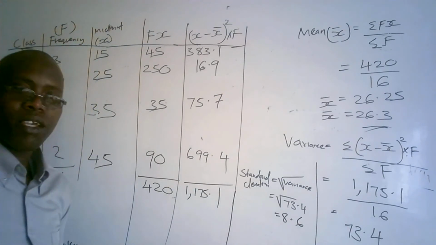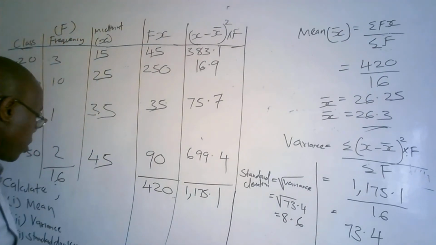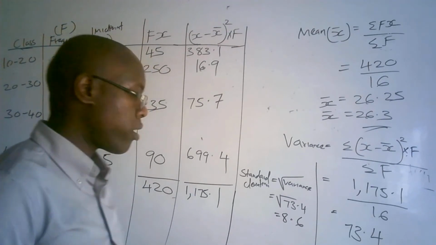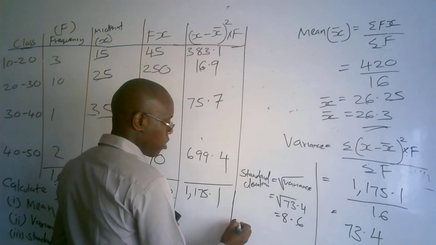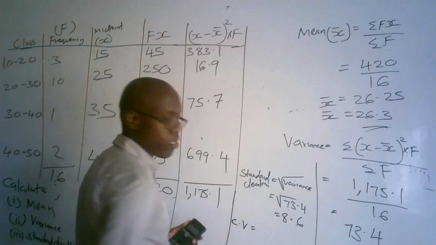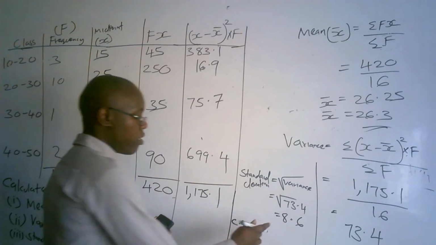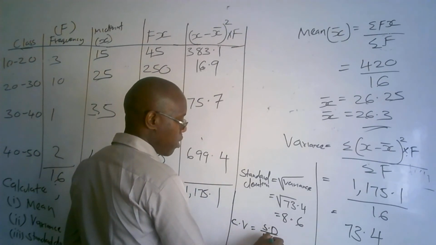So the next thing that we need to calculate is the coefficient of variation. We said that if we need to get the coefficient of variation, it's always the standard deviation divided by the mean.